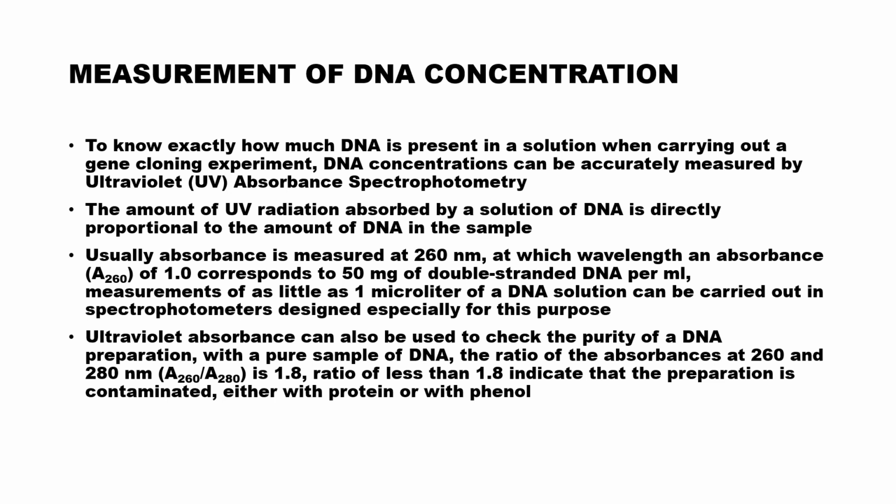If we get an absorbance of 1 at 260 nanometer, it means our sample contains 50 micrograms of double stranded DNA per ml. And if the ratio of measurements at 260 and 280 nanometer is less than 1.8, it means the preparation is contaminated either with protein or with phenol.